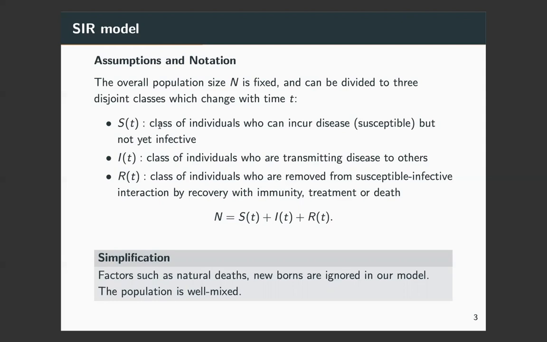The third class is called recovered, or some other people call removed class. It is a class of individuals who are removed from the susceptible infective interaction, i.e. they are the class of individuals that once caught the disease but then later recovered or have died.